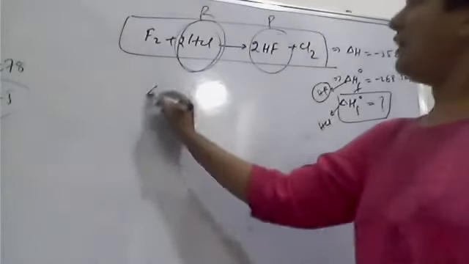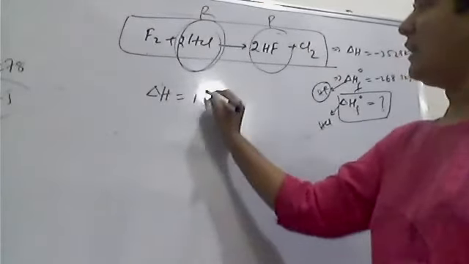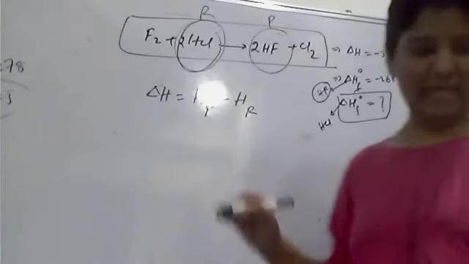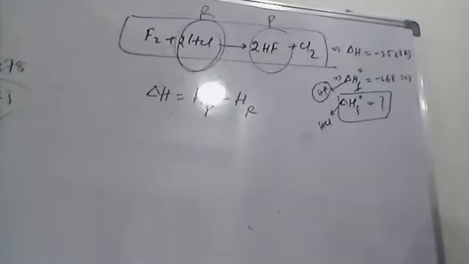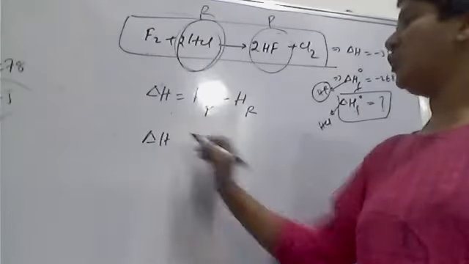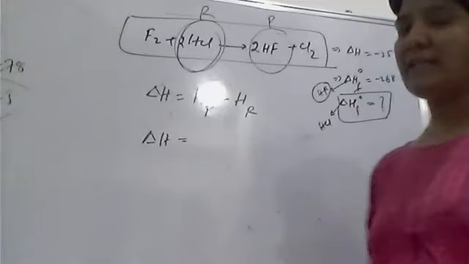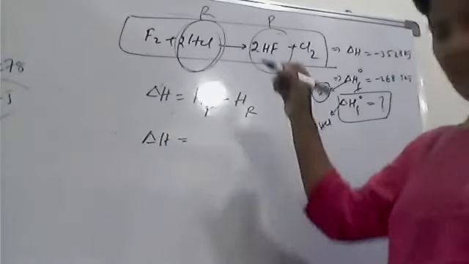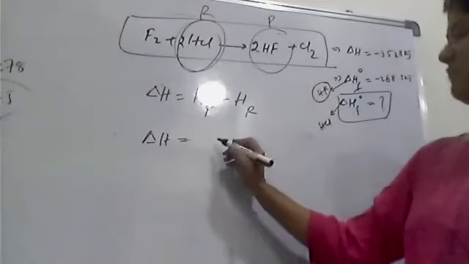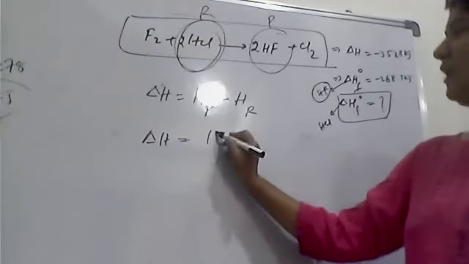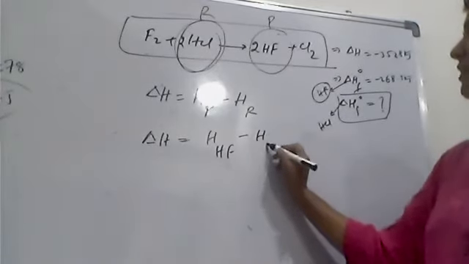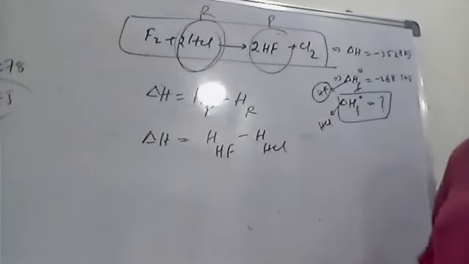Generally, the heat of reaction is the enthalpy of products minus the enthalpy of reactants. Here the product is HF, so that is the enthalpy of HF, minus the enthalpy of HCl, the reactant.